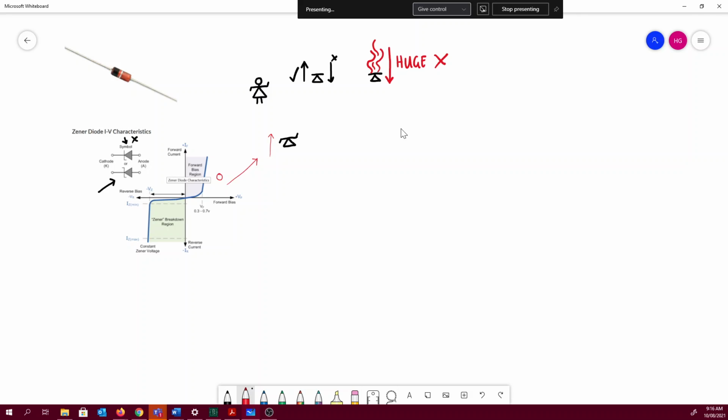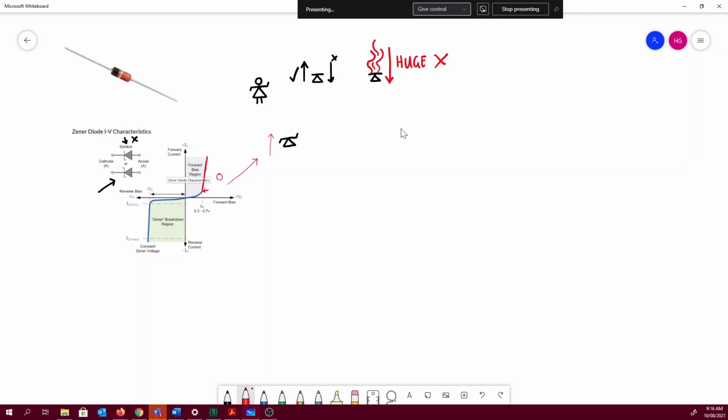You can see here, until you get that diode to 0.7 volts across it, it doesn't really kick off in terms of letting all of this current go through. But once you get to 0.7 volts, all of that current can flow through really nicely. So that's the forward bias region. That's not really different from a regular diode.